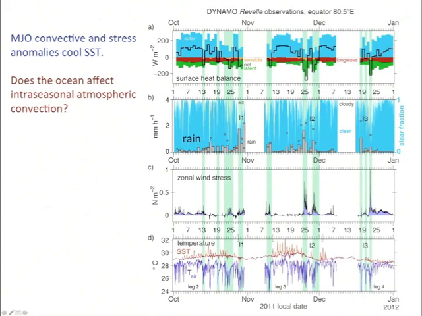You can see it starts going up when we observed it, and it's going down after we finish observing it. And there is a maximum in the APL buoy sea surface temperature record. So you can see the sea surface temperature goes up and down, and when it's going down are these times when the net surface heat flux is cooling the ocean. And that seems to be true for all of the events.